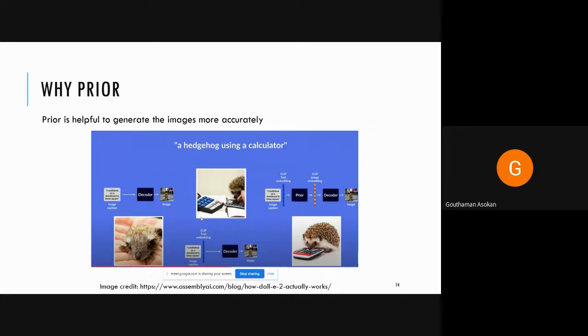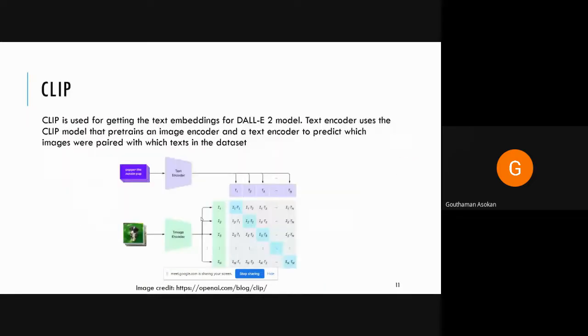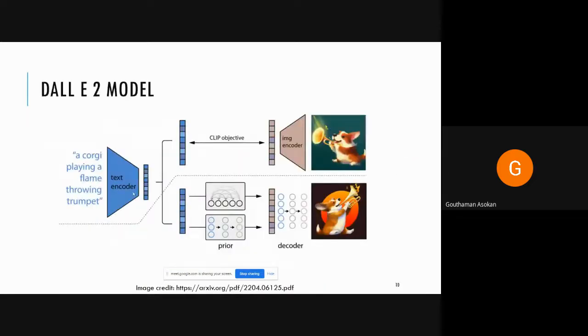Another thing is the prior. One of the things that we see is we have this raw text, we get the text embeddings, and we get the image embeddings, and finally the image. So there are different ways in which this could be approached, right? For example, from the raw text itself, we could get the image embedding and get the final image.